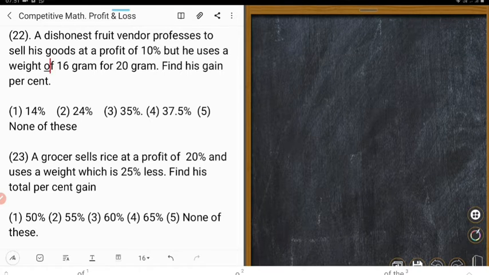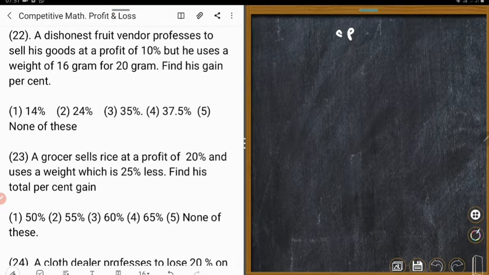That means suppose CP is equal to 100. He gets a 10% profit, that means SP is equal to 110.